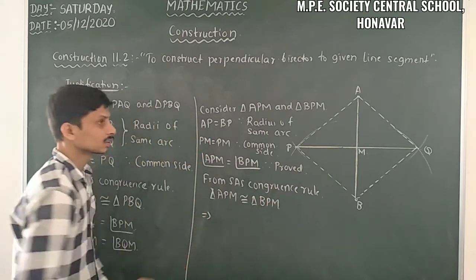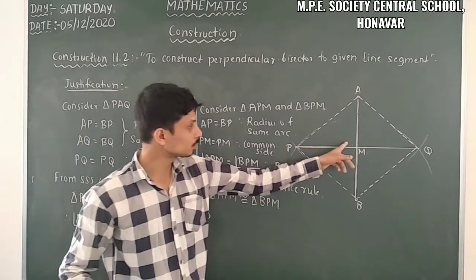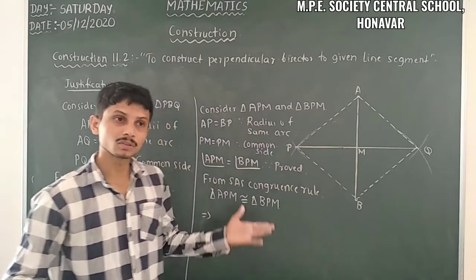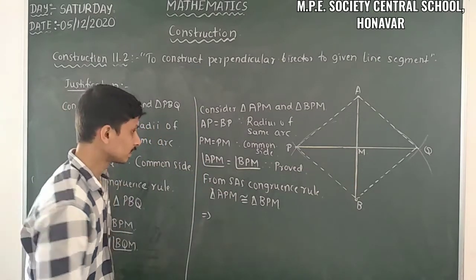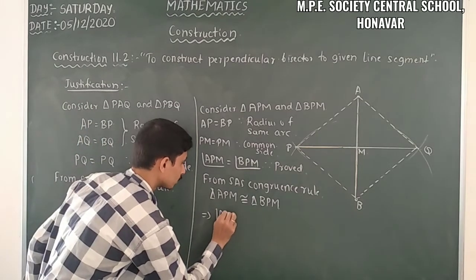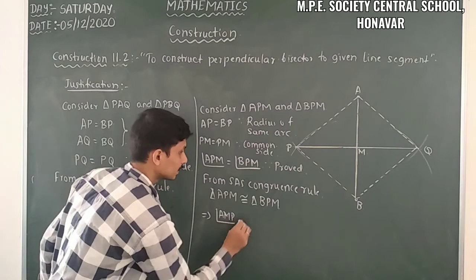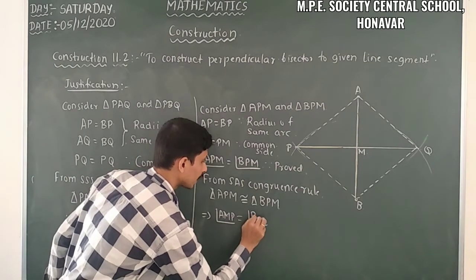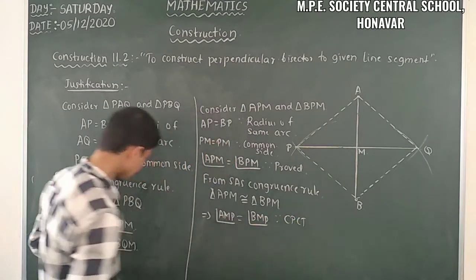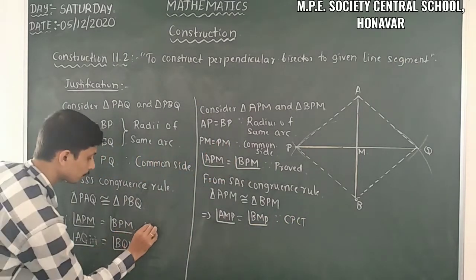This implies the corresponding angles are one and the same, so those two become CPCT. Here, angle AMP is equal to angle BMP. So those two are the CPCT. Here also it is CPCT, we just have to mention it.